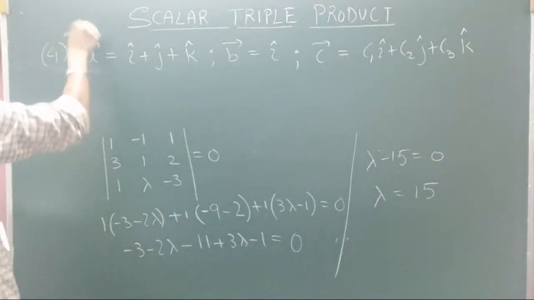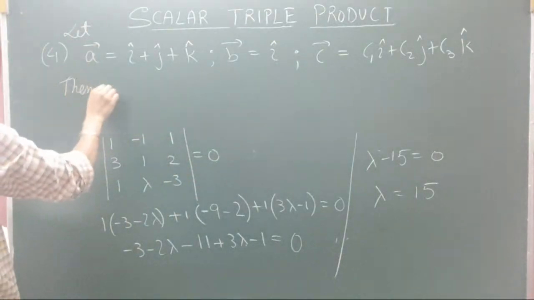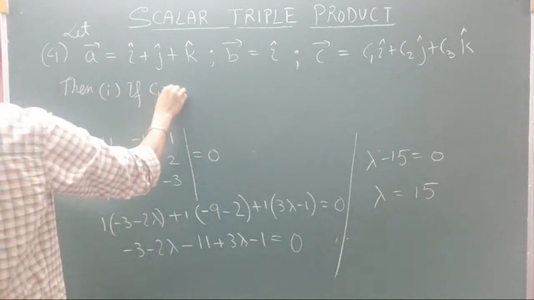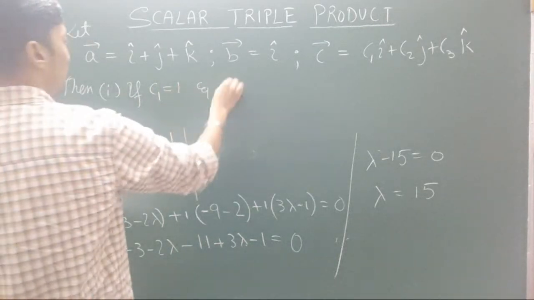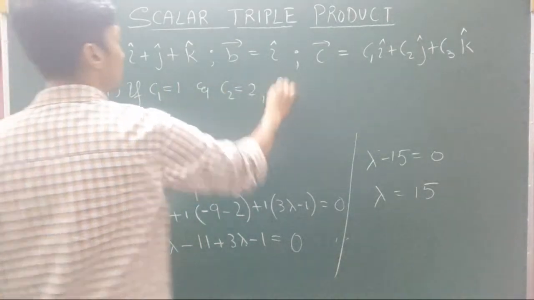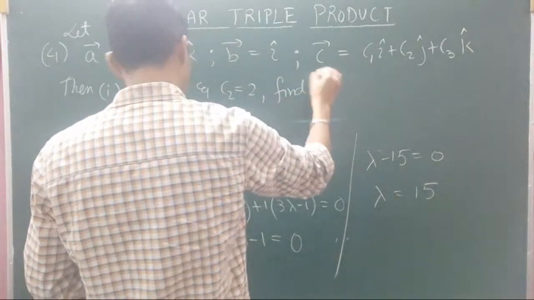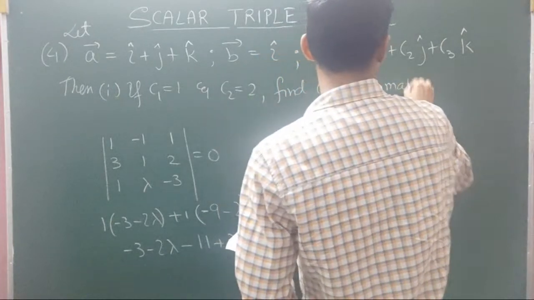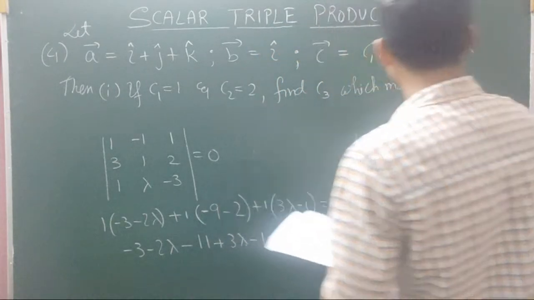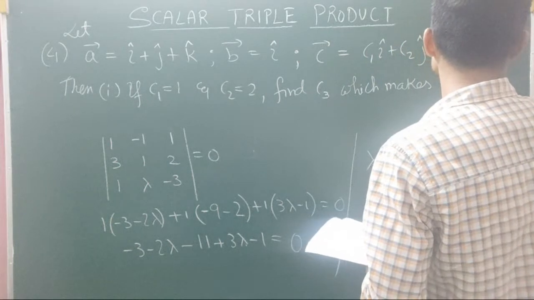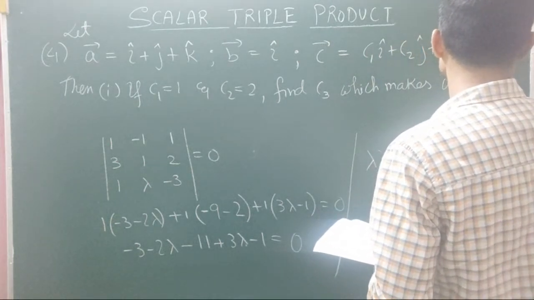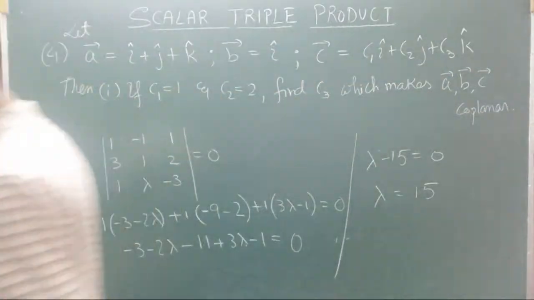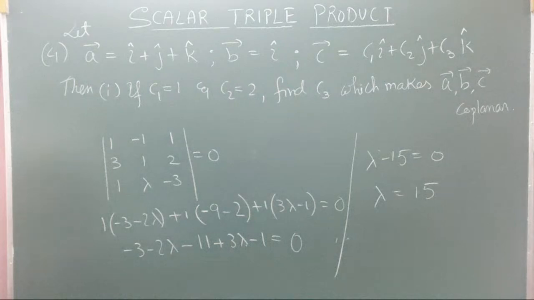The first question says, if C1 is 1 and C2 is 2, find C3 which makes the three vectors A, B, C coplanar.